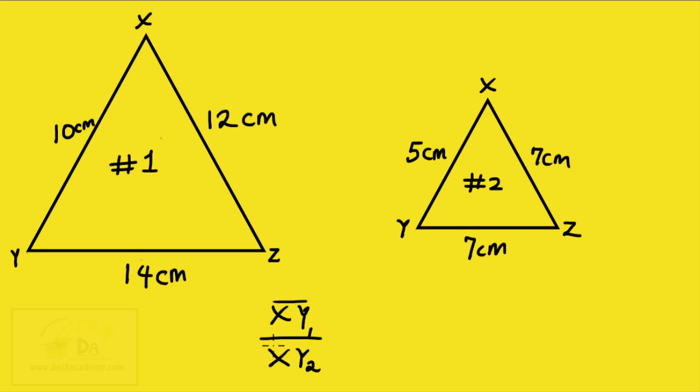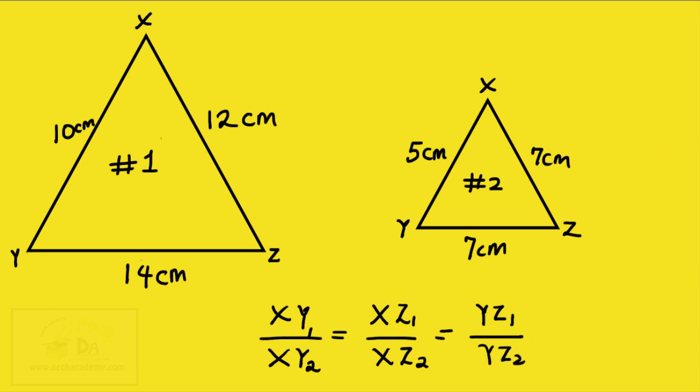I think too many lines would cause confusion. I'll see if this is equal to the length of side XZ in triangle 1 divided by the length of side XZ in triangle 2, which must also be equal to the length of YZ in triangle 1 divided by the length of YZ in triangle 2.